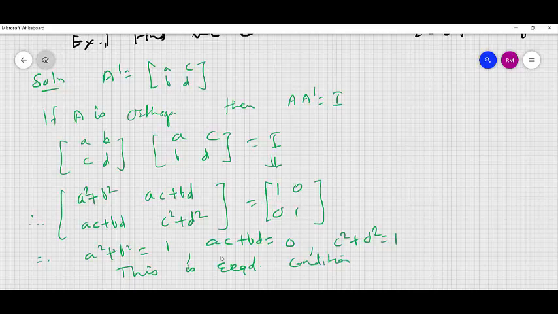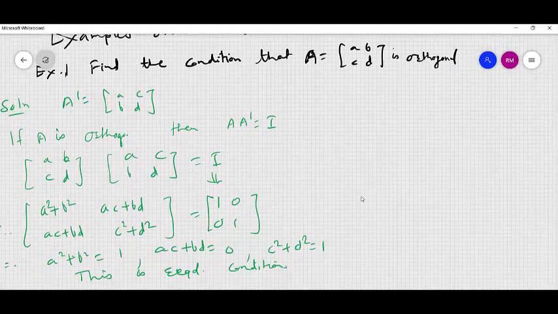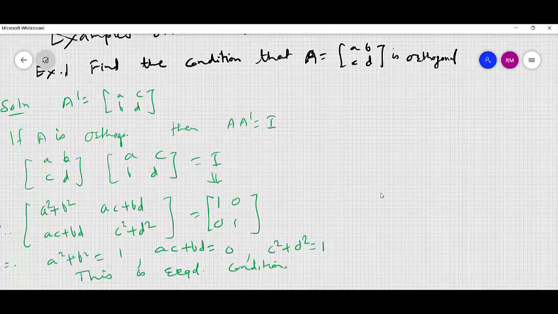I hope you understand this problem. Let me repeat again. We are given a matrix A of size 2 by 2 having these entries a, b, c, d. Which type of restriction do we need so that the matrix works as an orthogonal matrix? This we have to find.